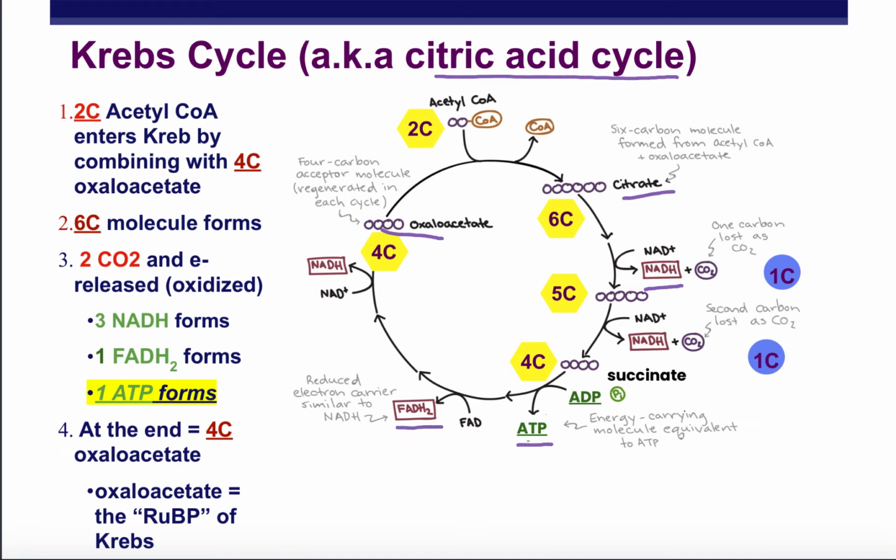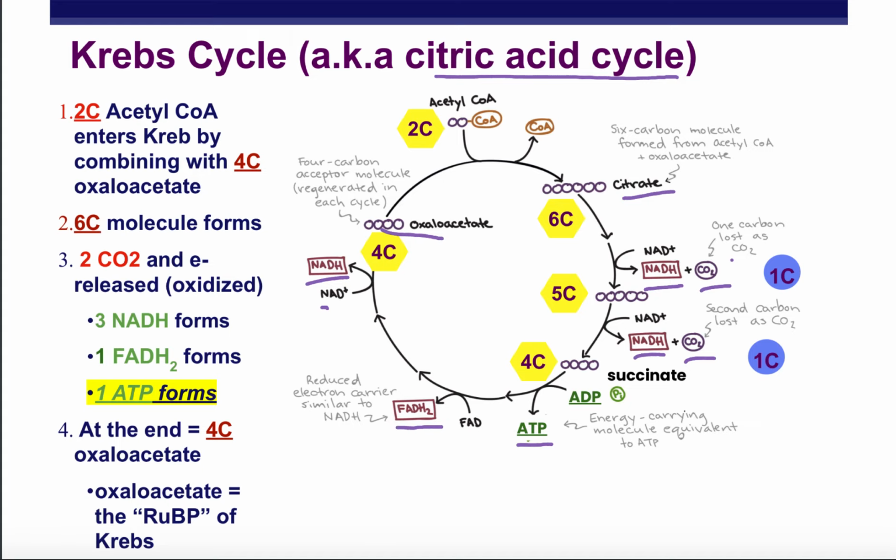But the main thing it's releasing is a good chunk of NADH. In this process, the acetyl-CoA is completely broken down, and the carbons of acetyl-CoA are converted to CO2, so those are lost. And then the oxaloacetate that started it all is regenerated, and it can continue taking in acetyl-CoA and regenerating.